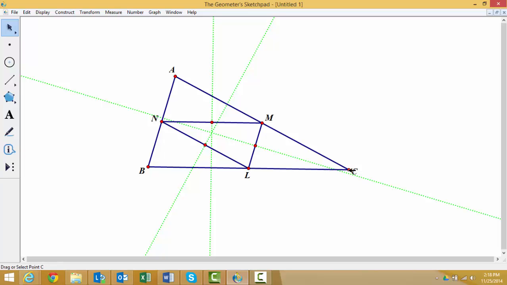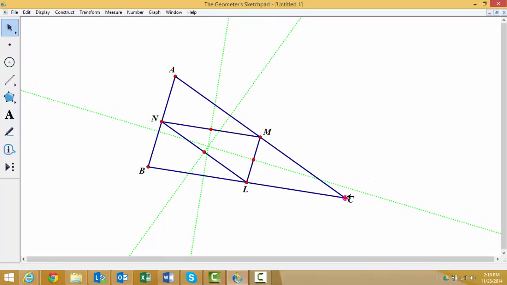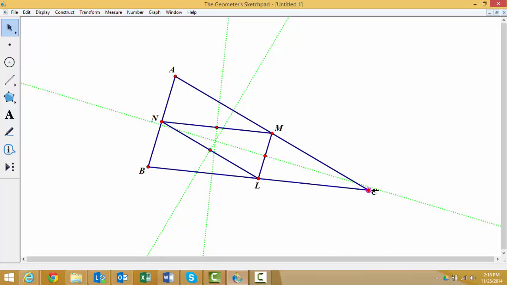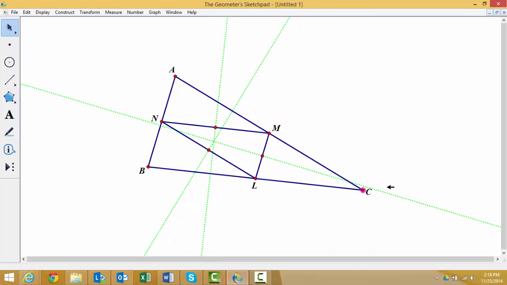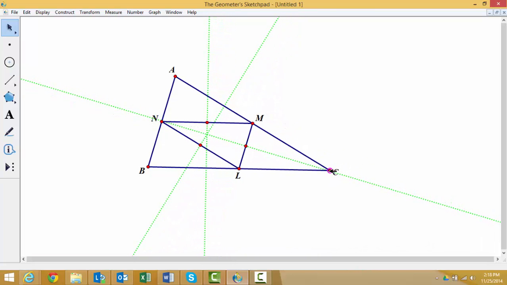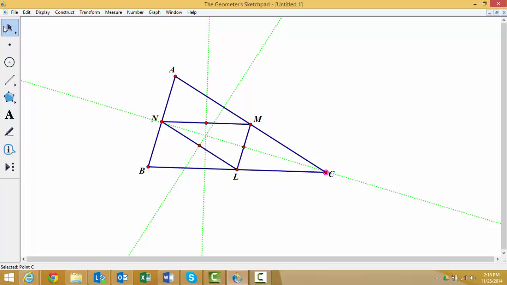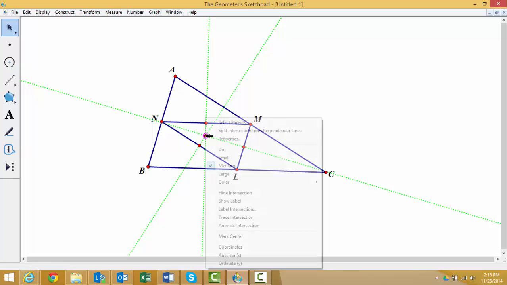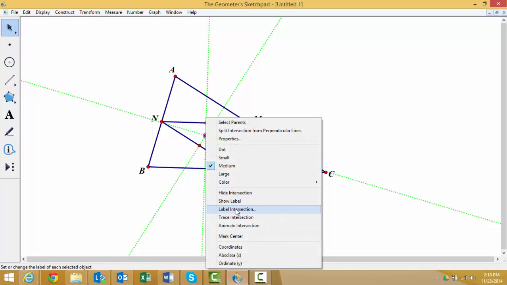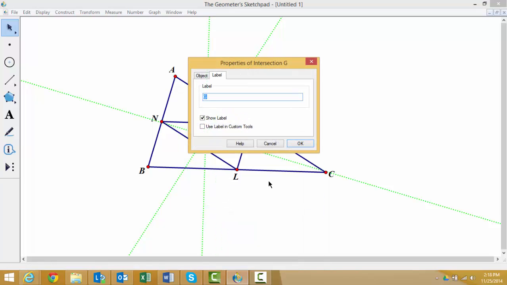You see that when I move the triangle, the 3 perpendicular bisectors of LMN always intersect at a point. You see that, right? So I'm going to construct the intersection and label that point of intersection as U.